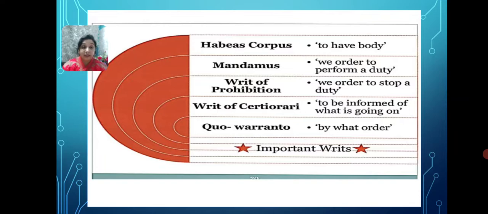If the person is involved in bribery and corruption and anyone files a case against him, the court issues a mandamus to that organization. It can be a factory, an organization, an institution, or an individual person also. I hope you understood what mandamus means.